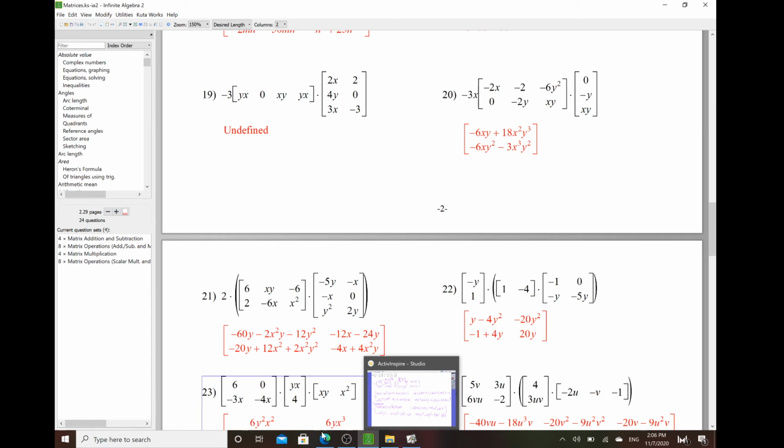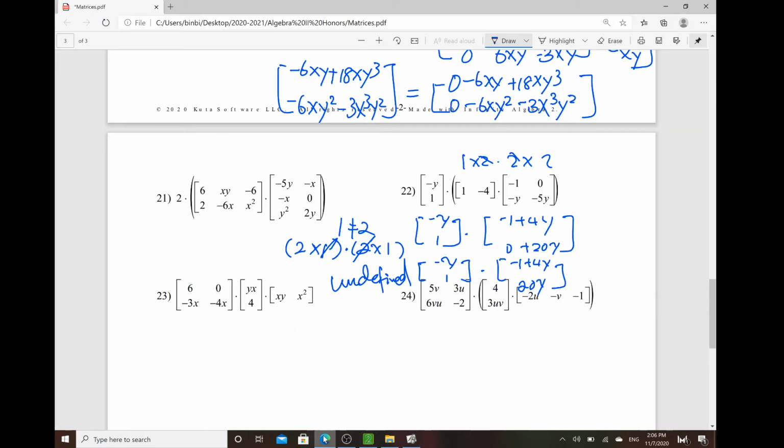Okay, back to number 22. So rows times column, rows times column. Oh, I put in the entry wrong here, that's why. Apologize for that. This one should be multiplicable.